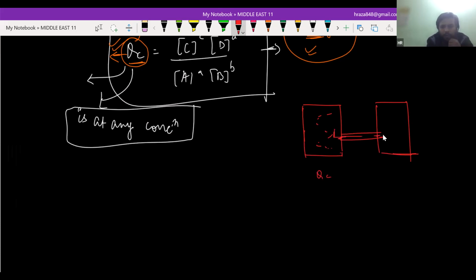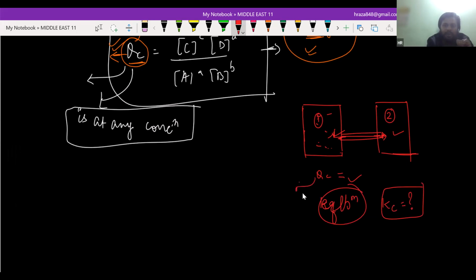The water will flow from tank 1 to tank 2, and you can calculate Qc at any time starting from this. After some time, the two tanks will achieve equilibrium, and after achieving equilibrium we only calculate Kc. But Qc is for t equals 0 to t equals equilibrium; we can calculate Qc at any time. Is that clear?